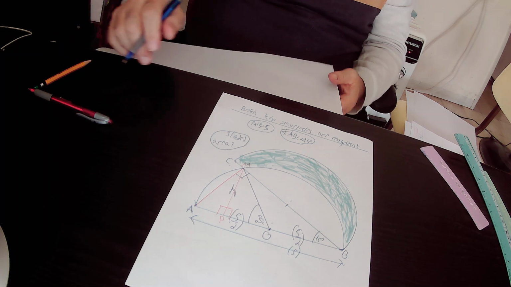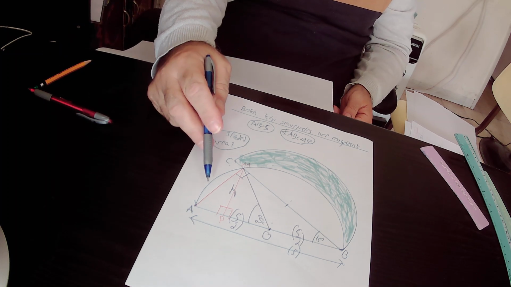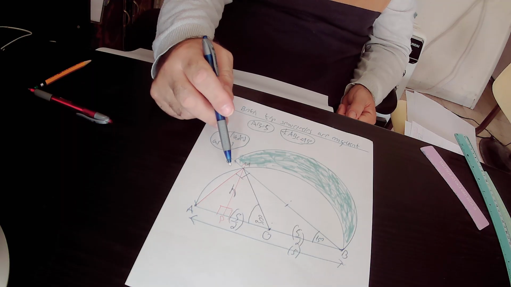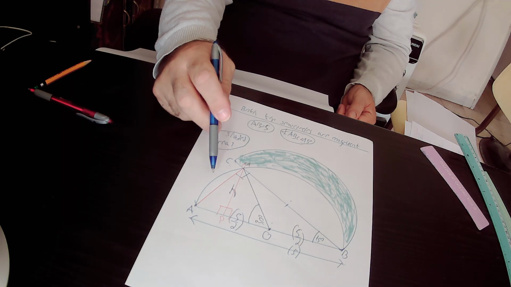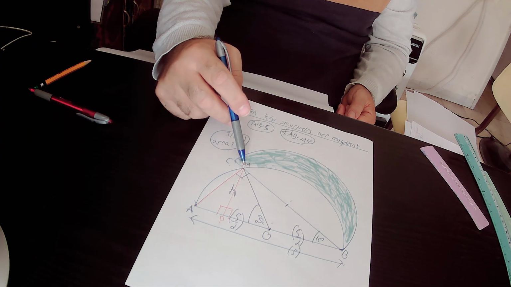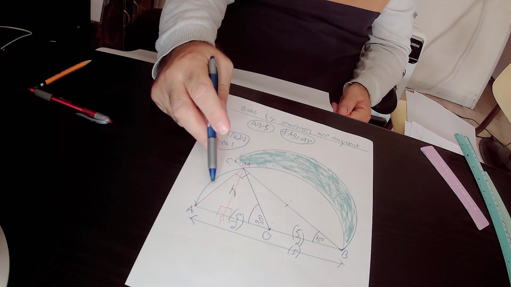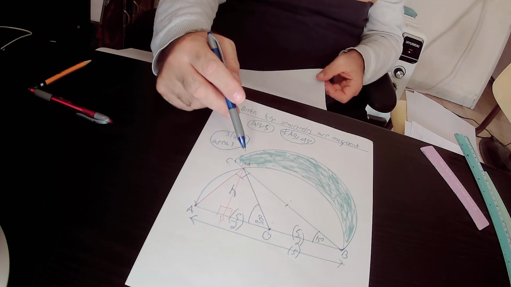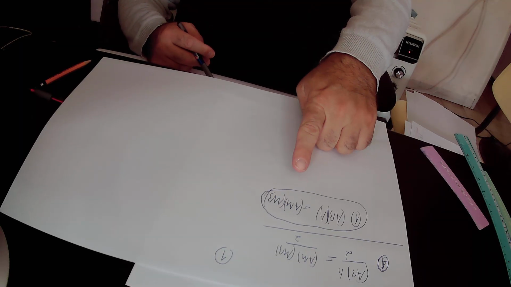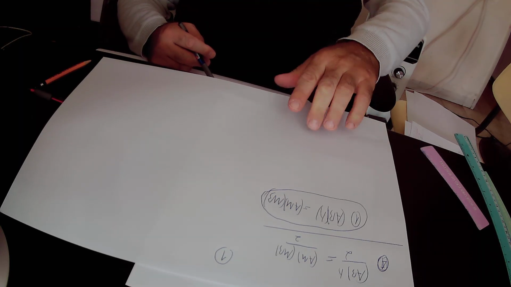In the next step, I'll copy the right triangle ABM into a new page and analyze it in order to find the values of sides AM and MB. This is equation 1: AB times h equals AM times MB.